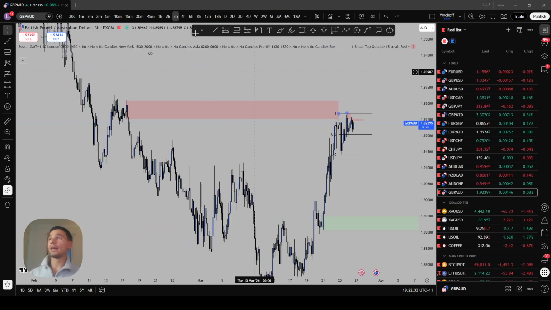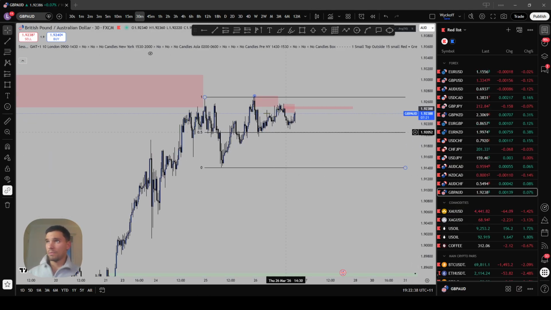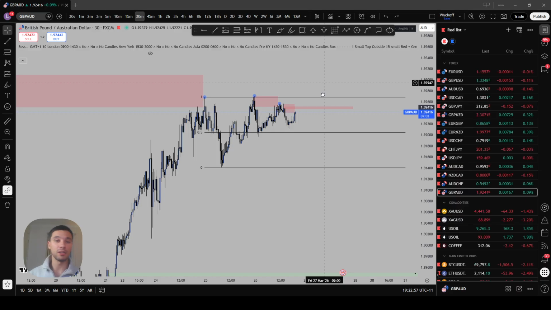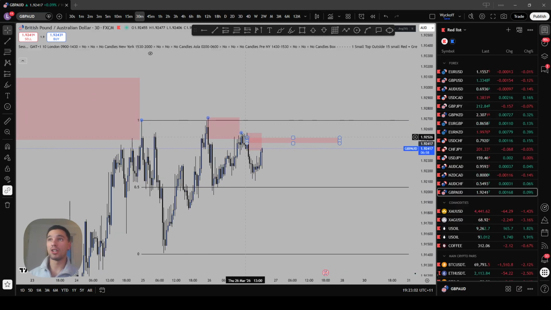The only thing I don't like from this whole schematic is how technically this is a legitimate tap 3 and it counts. A requirement for tap 3 in a Model 2 is either an extreme supply mitigation or an extreme liquidity sweep, given it's a distribution schematic. Obviously, if you thought it was accumulation, it'd be demand instead of supply. But the only thing I don't like is how much lower tap 3 is compared to tap 1.